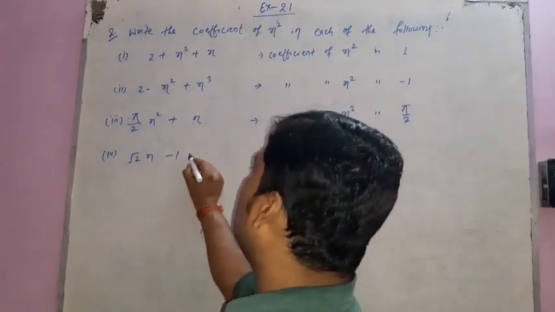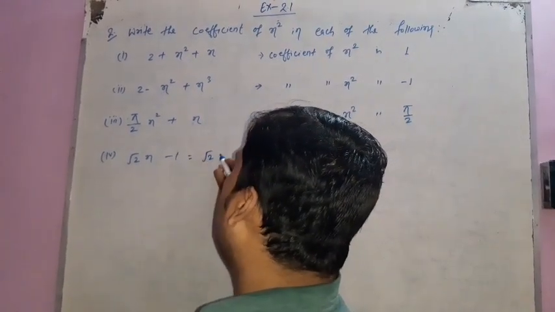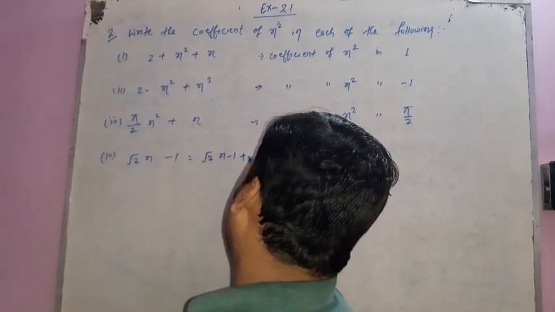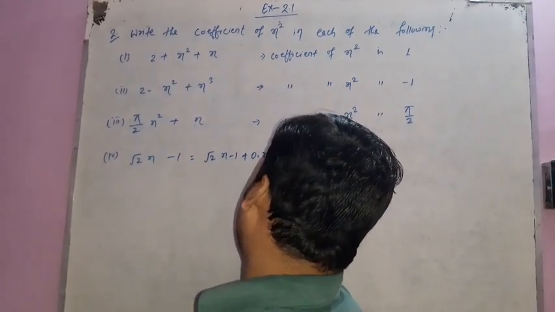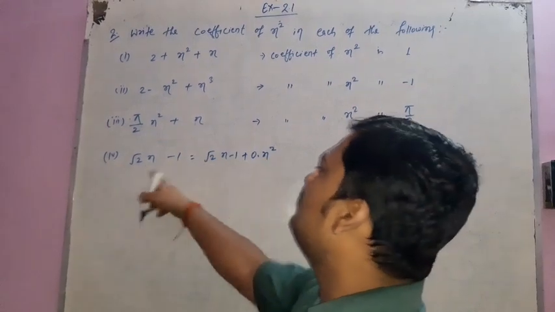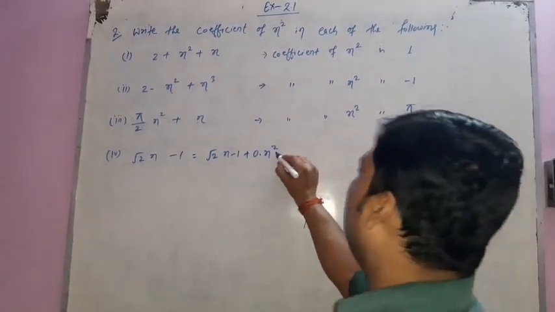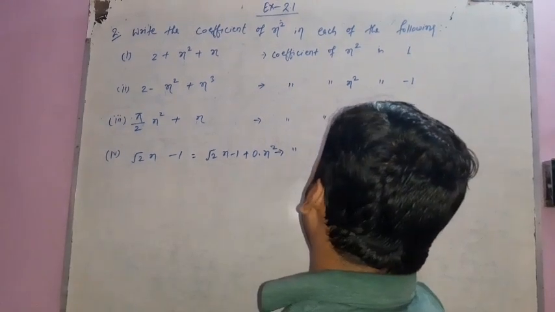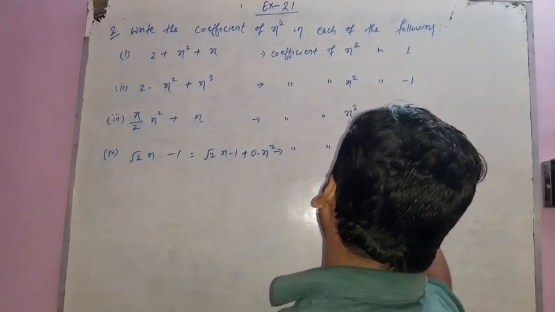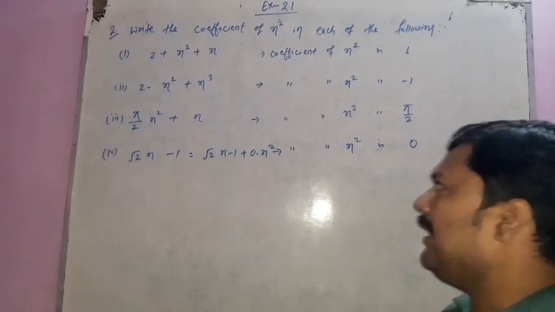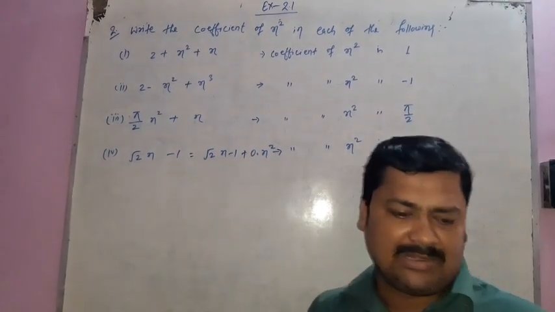Now this number we can also write like this, root 2 x minus 1 plus 0 into x square. The value of both terms is equal. So what is the coefficient of x square here? 0. So we can write that here, coefficient of x square is 0. Okay. In this way we can solve question number second.